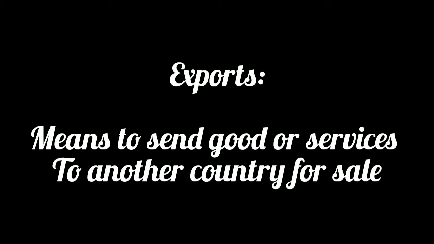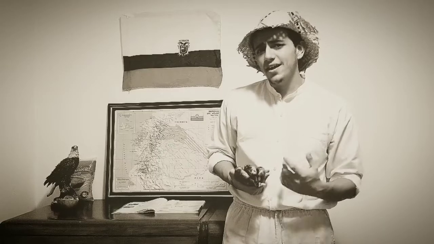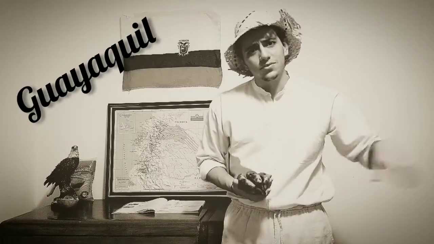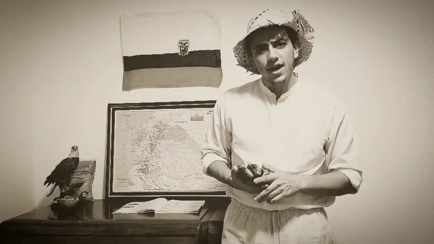The word I'm looking for here is exports. It means to send goods or services to another country for sale. Now in the city that I'm from, Guayaquil, we are in the coastal region of the country. And we had certain products that we wanted to export. The main one was chocolate.